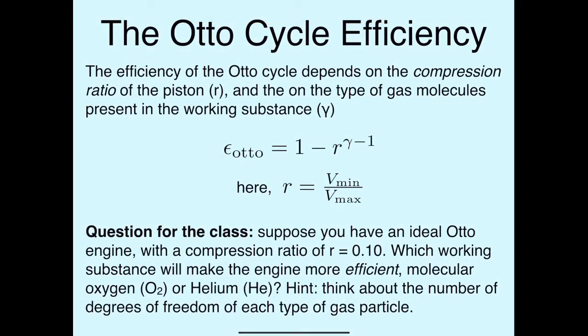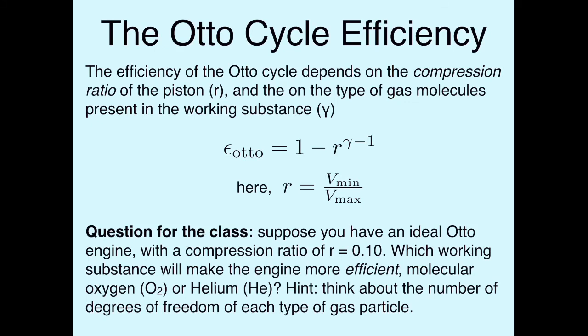Okay, so now let's take a closer look at the formula we derived for the efficiency of the Otto cycle. So basically, this efficiency depends on two factors. One of those factors is R, that's what we call the compression ratio of the piston, and it's defined as V min divided by V max. And it also depends on gamma. So remember what gamma is from the previous chapter.